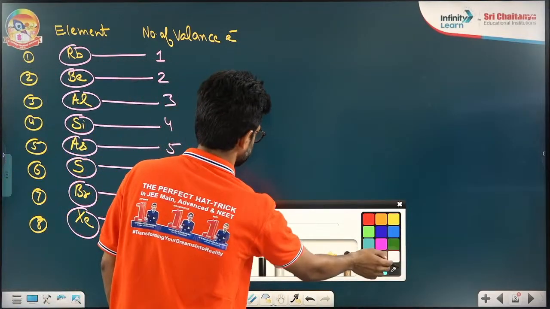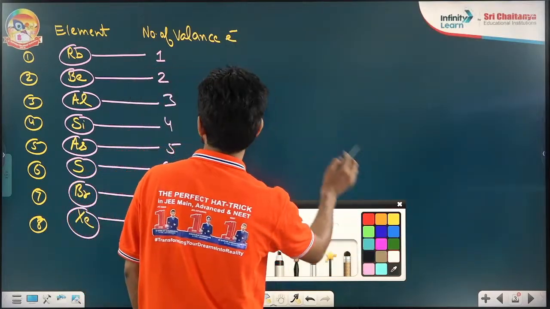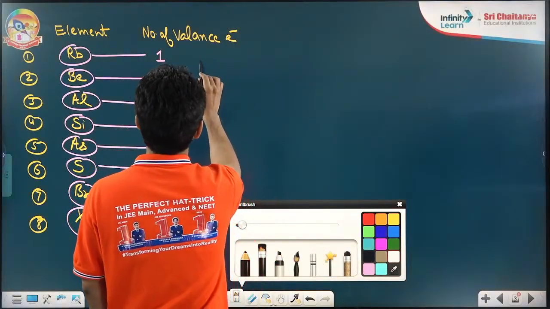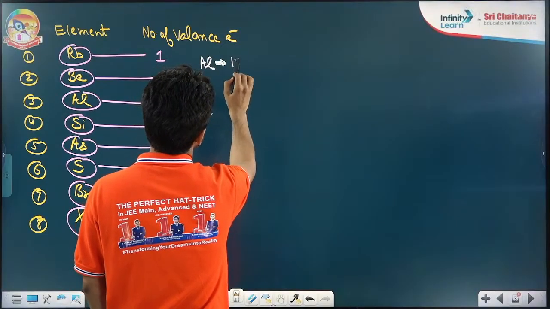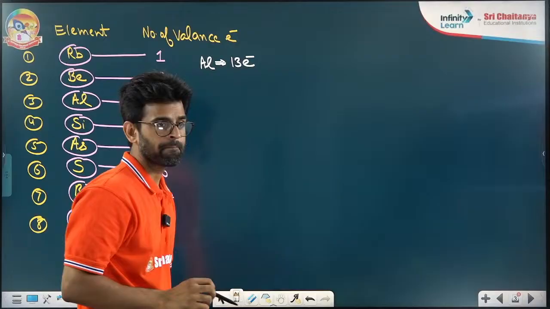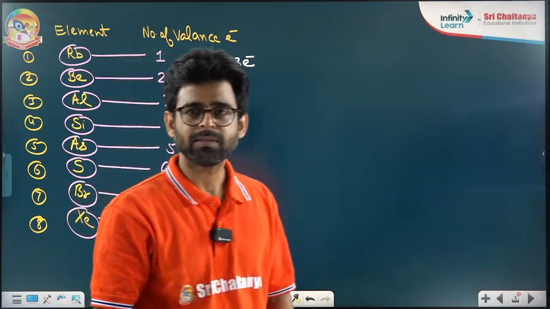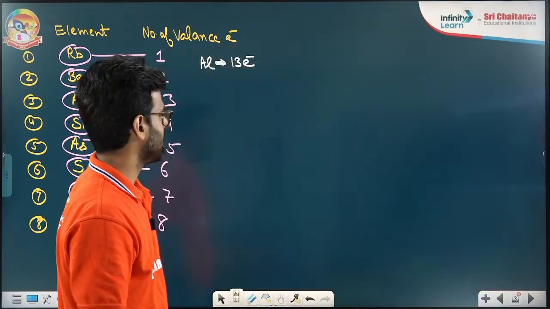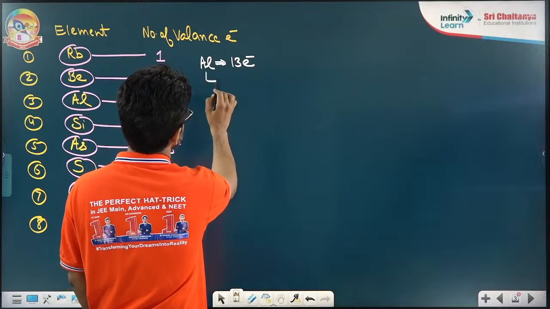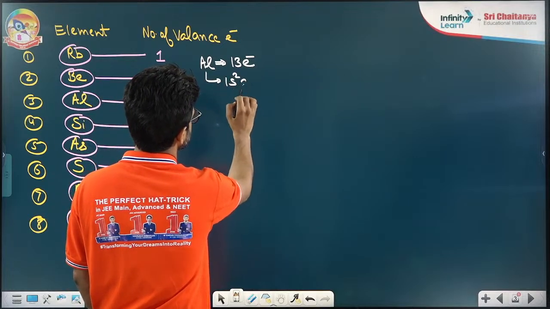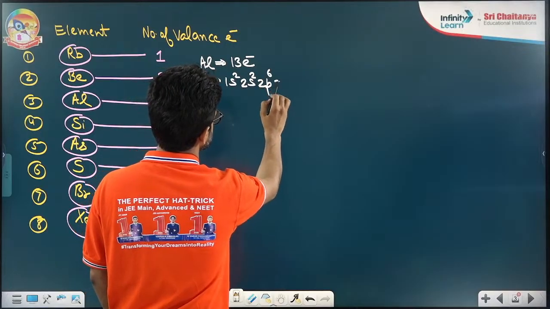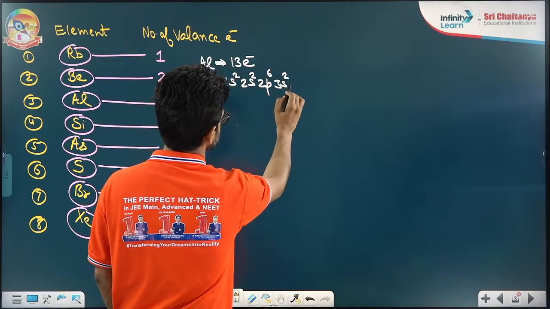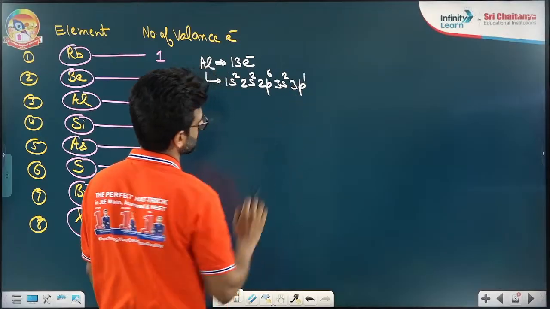Imagine if by chance you don't remember. So I'm telling you an example, like aluminium. Aluminium, beta, has 13 electrons, right? So if you write the configuration, what will come? 1s2, 2s2, 2p6, beta, 3s2 and 3p1.